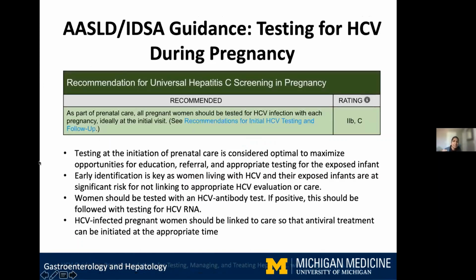The AASLD and IDSA have put out some guidance in terms of testing for hepatitis C during pregnancy. That's the American Association for the Study of Liver Diseases and the Infectious Diseases Society of America.